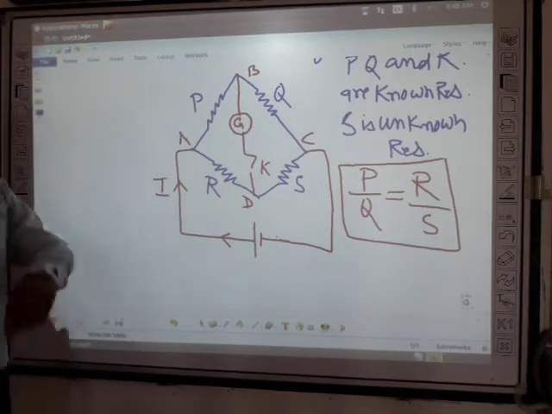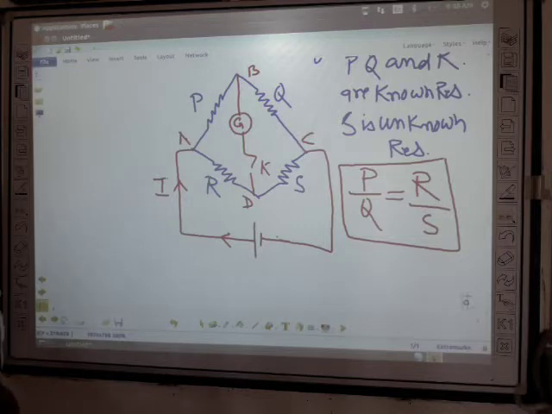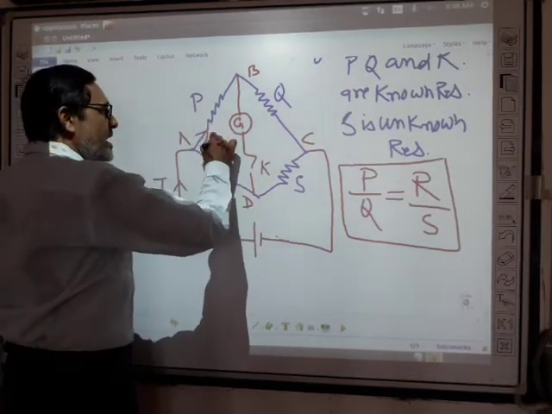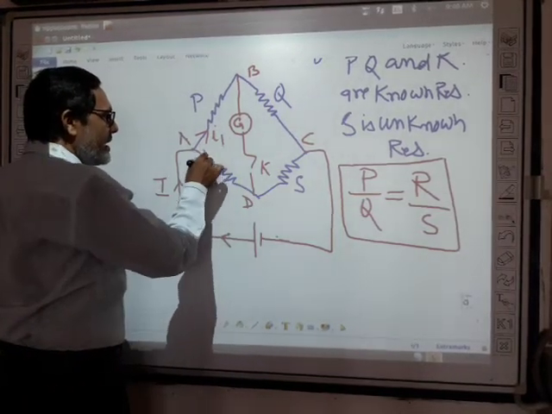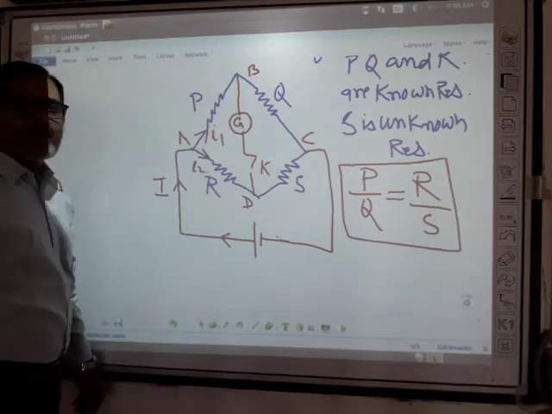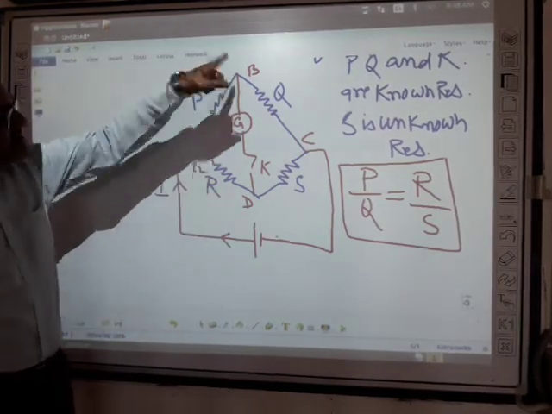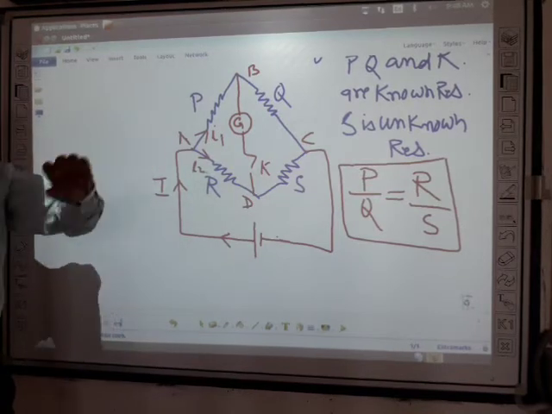Suppose the current I flows. When I reaches point A, there is a junction, so it divides into two parts. Suppose I1 is here and I2 is here. When I1 reaches B, there is also a junction.